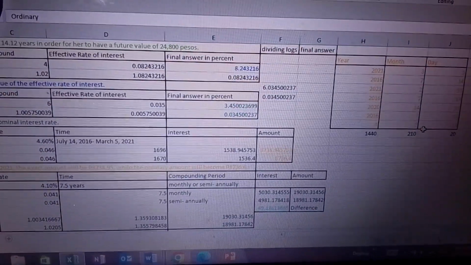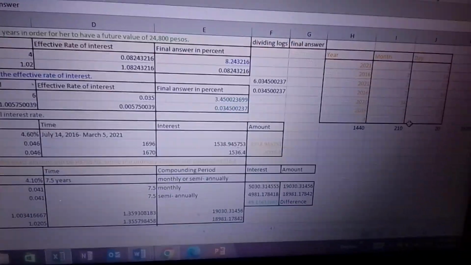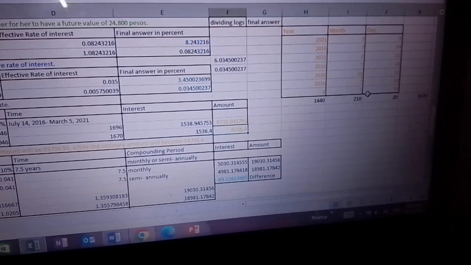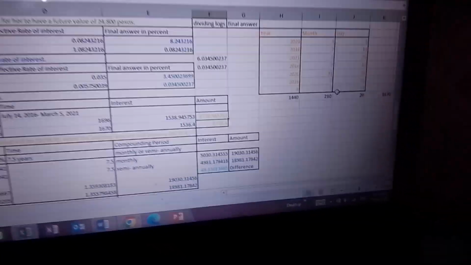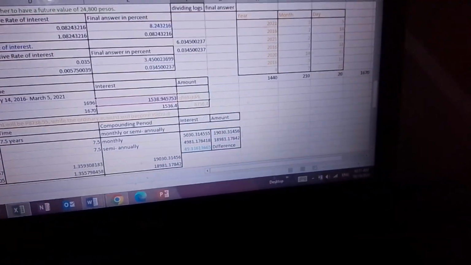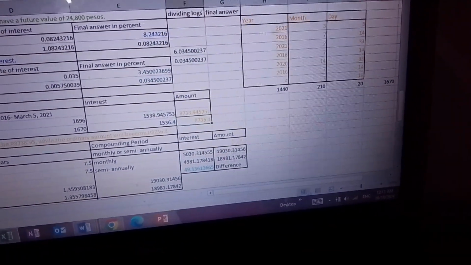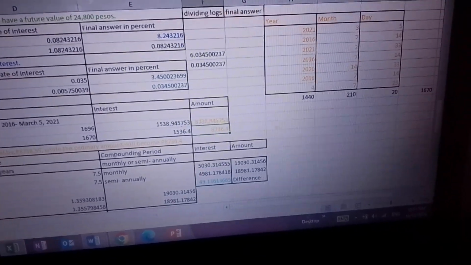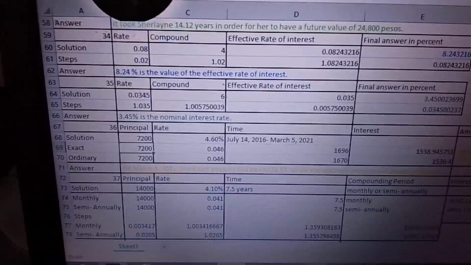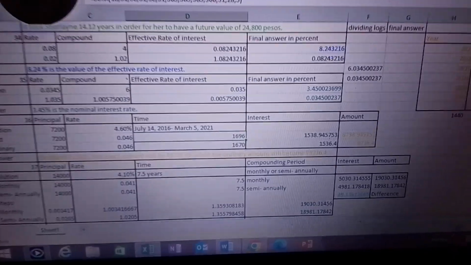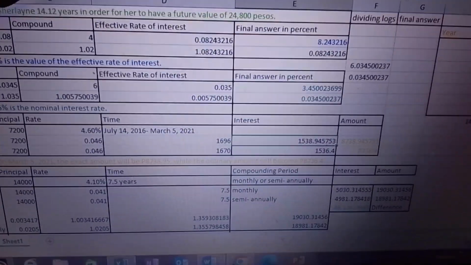Wait, that's not supposed to be the amount. Yeah, that's simple interest. I thought it was compound interest. That is simple. So when we do simple interest, this is what you're going to do.